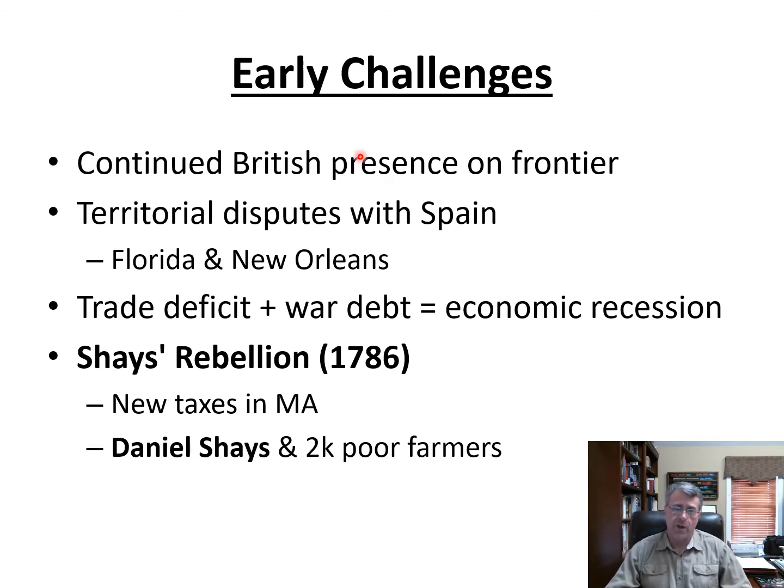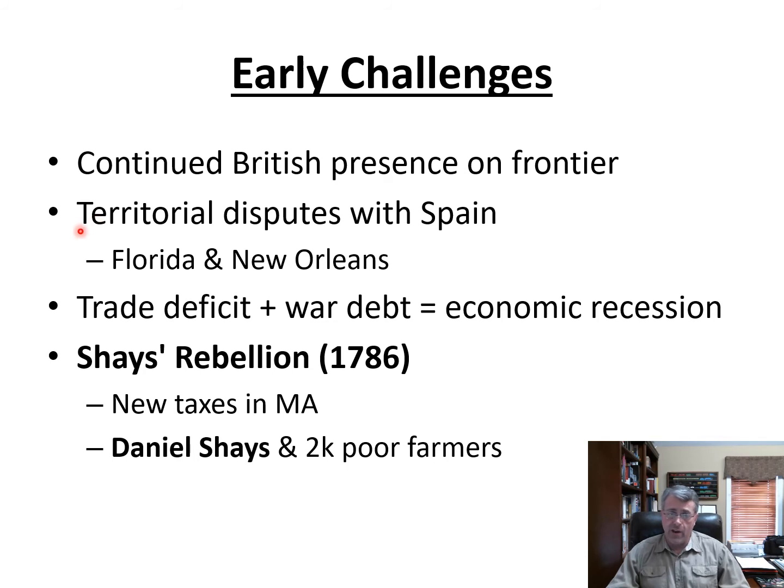So to begin with, let's talk a little bit about these diplomatic issues. Per the Treaty of Paris, 1783, England was required to remove all of their troops from American territory. And they did, for the most part. We'll talk about that in a minute. But there's going to be some continued presence of British troops on our frontier for many years after the Revolution.